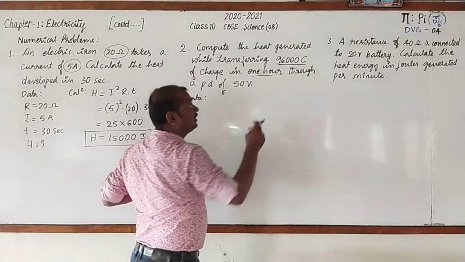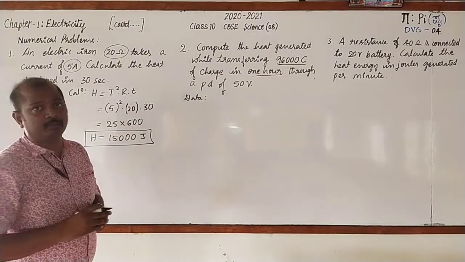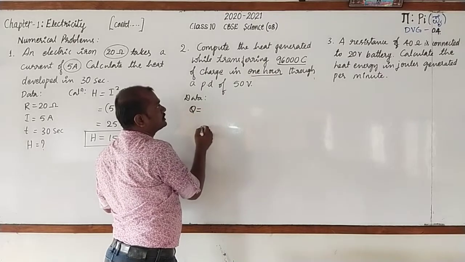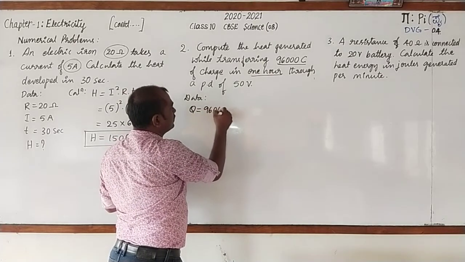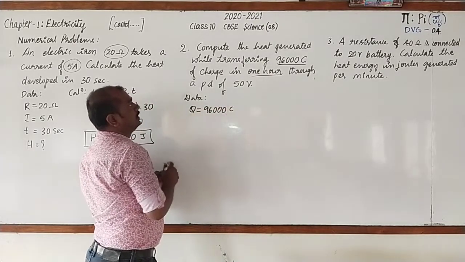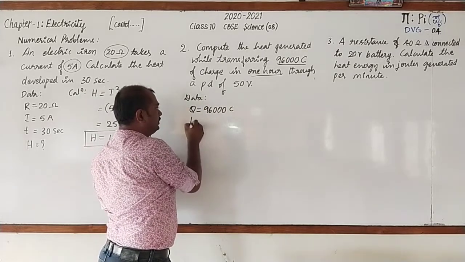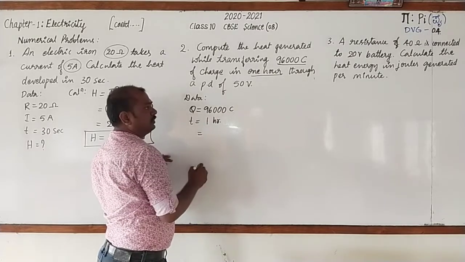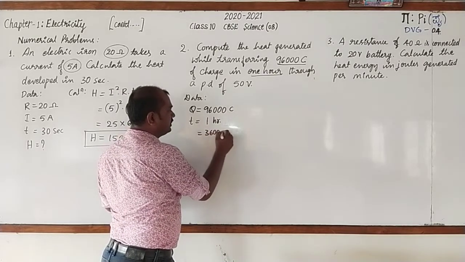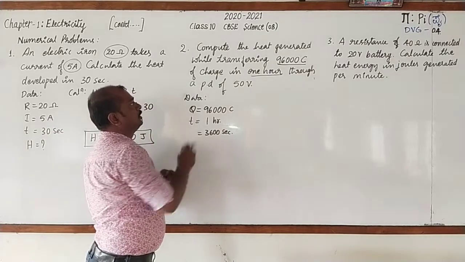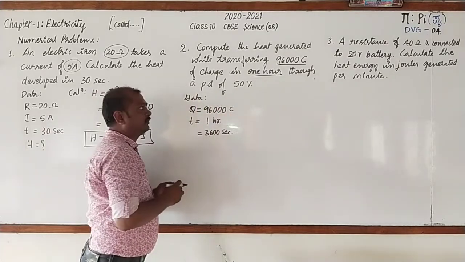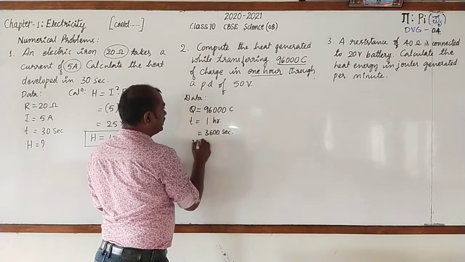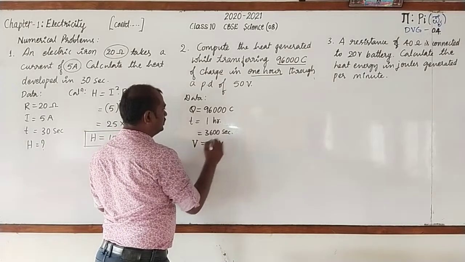While transferring 96,000 coulomb, it is quantity of charge. Q is equal to 96,000 coulomb. In 1 hour, T is equal to 1 hour. It is equal to 3,600 seconds. Through a potential difference of 50 volt. V equal to 50 volts.